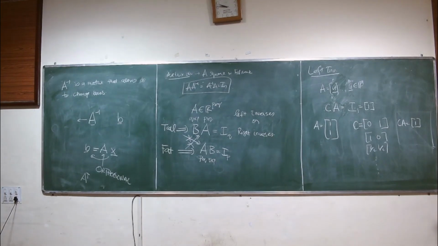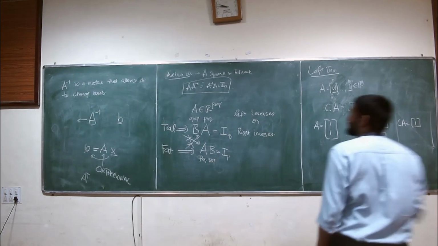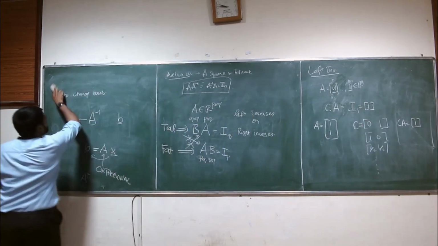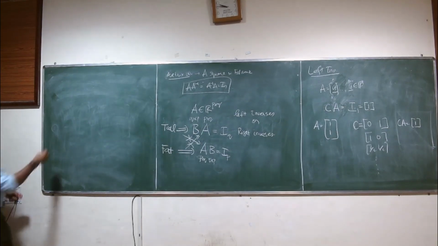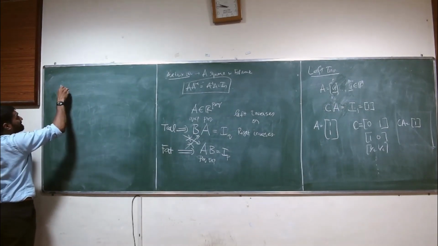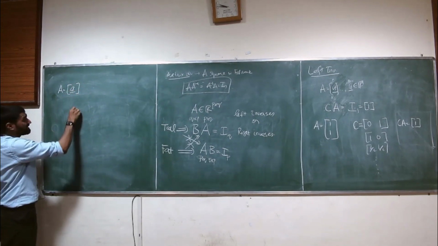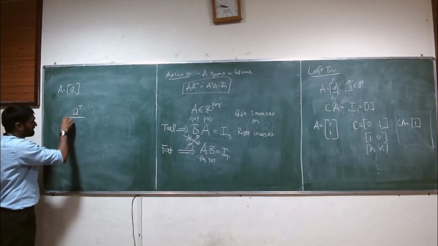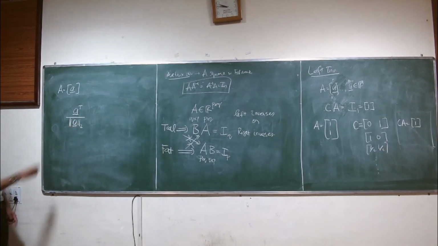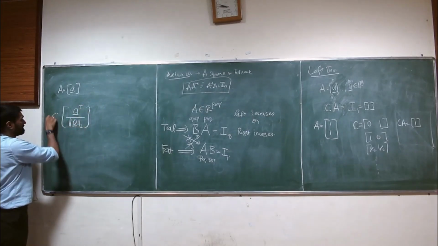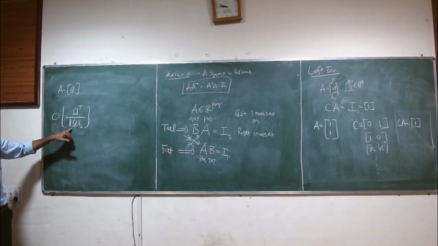Okay. In fact, we can generalize this. If I have a matrix A with one column, if I simply take this as my C, right? I take the transpose of A and then I normalize it.